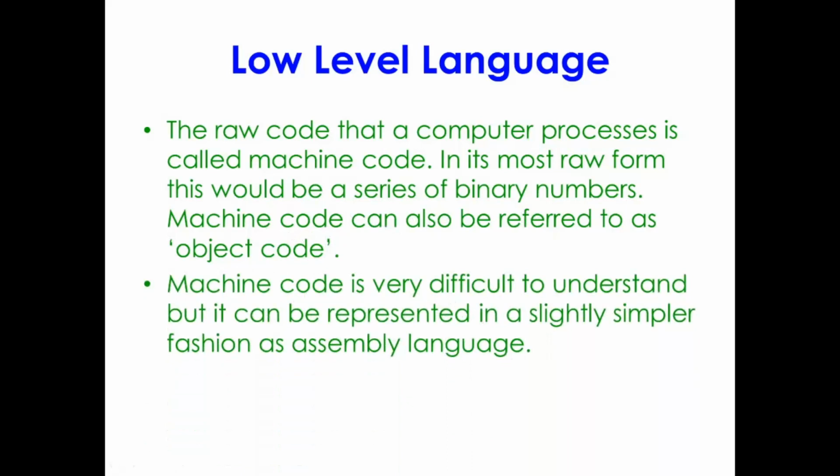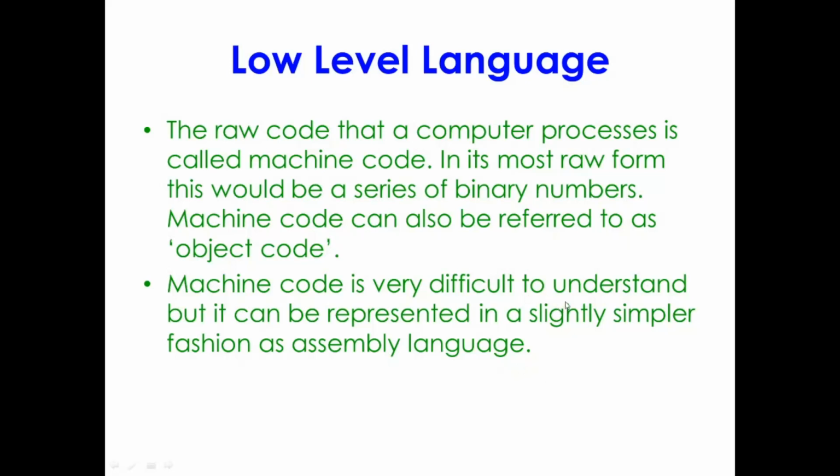Machine code is very difficult to understand, but it can be represented in a slightly simpler fashion as assembly language. So low level language means the program that is entirely written in machine language, zeros and ones, or maybe in the case of assembly language, where a few English words are used, so that it's slightly easier than the machine language.